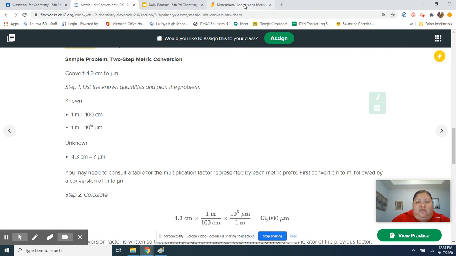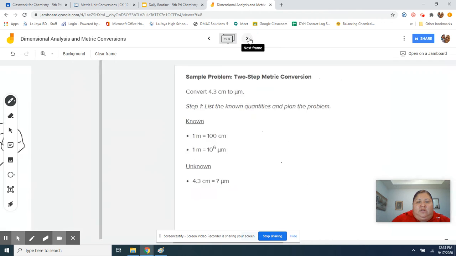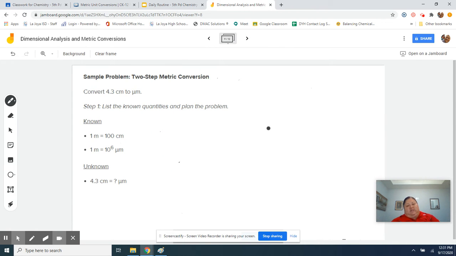All right, so let's go back to our Jamboard. Let's go to the next page, and there it is. That is the question they're asking us in the packet. They ask us to convert 4.3 centimeters to micrometers. You see this weird looking U?